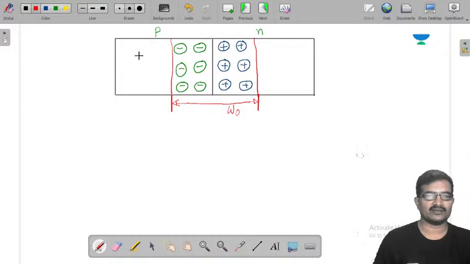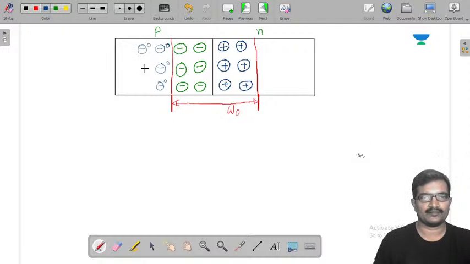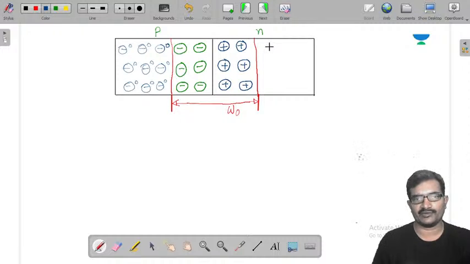Okay. Now this is for your easy understanding purpose, I am completing this part also. Negative immobile ions provide holes to you. So here, positive immobile ions provide free electrons to you.